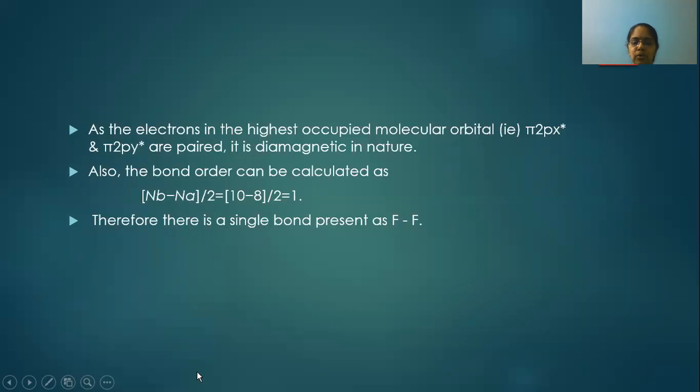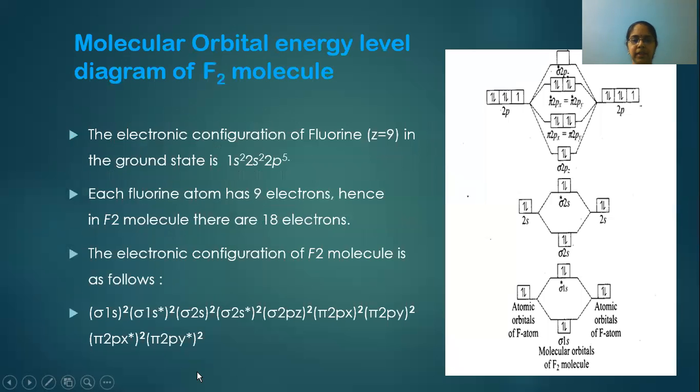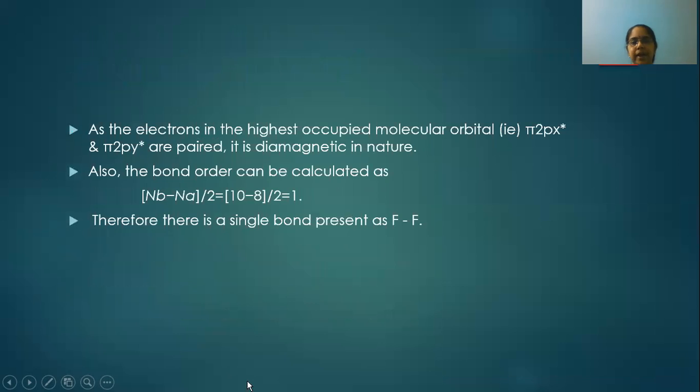As per the diagram, there are no unpaired electrons in the fluorine molecule; no molecular orbital is singly filled with 1 electron. All the orbitals are completely paired with 2 electrons. So as there are no unpaired electrons, the fluorine molecule is diamagnetic in nature.